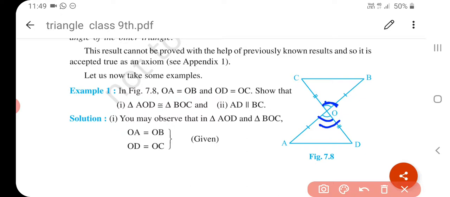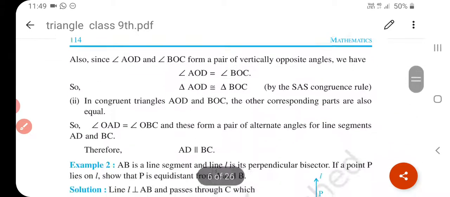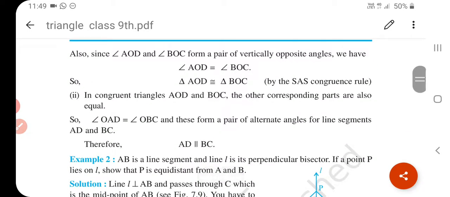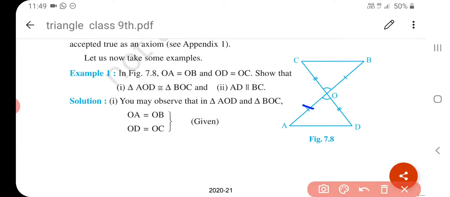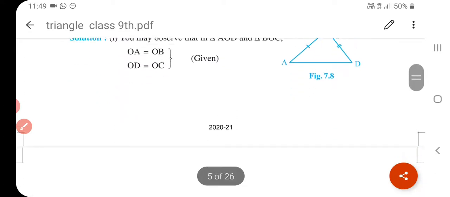So OB is equal to OA is given, OD is equal to OC is also given, and angle O is equal to angle O because they are vertically opposite angles. So SAS means side, angle, side. Again see here, side, angle, side, so these two triangles are congruent to each other. Okay, understand?